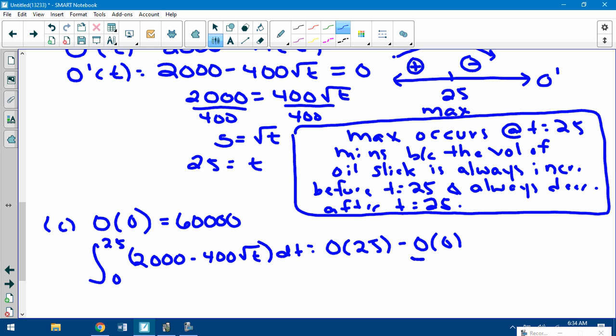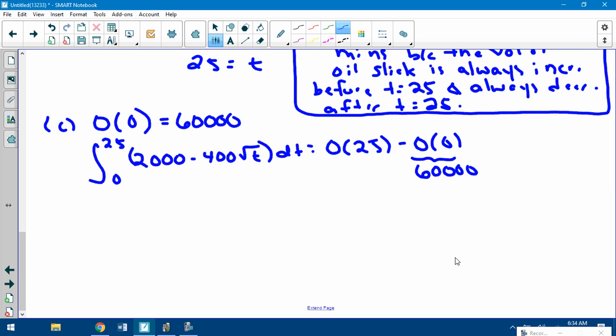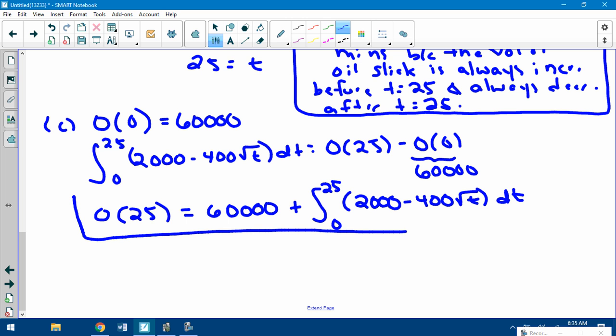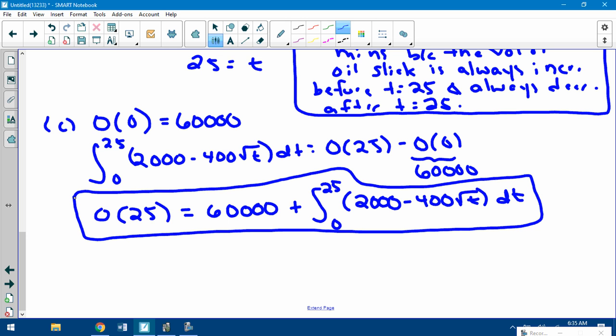And since I know this is 60,000, when I add that over, we're going to have that O of 25, the oil volume at time 25, is equal to 60,000 plus the integral from 0 to 25 of 2,000 minus 400 radical t dt. And I could easily get that answer, but it said write but do not evaluate. So there's the answer.